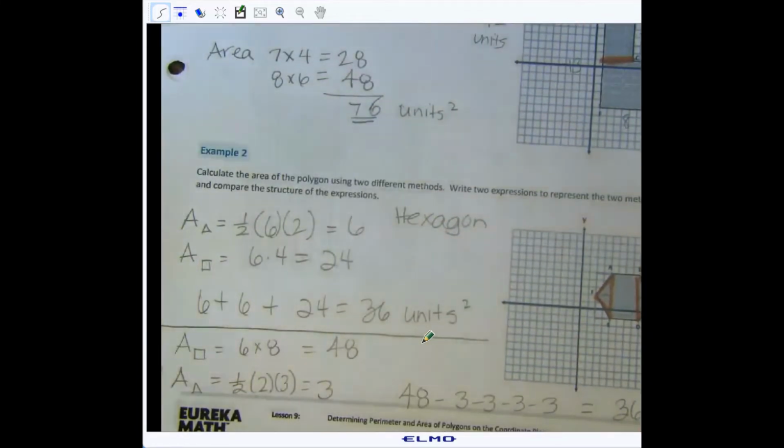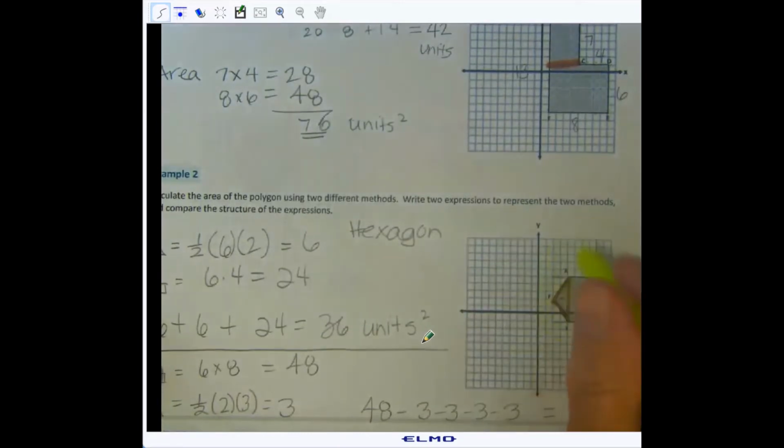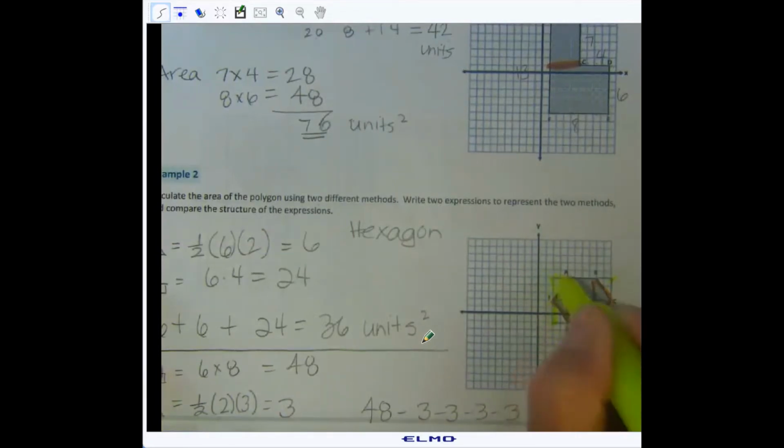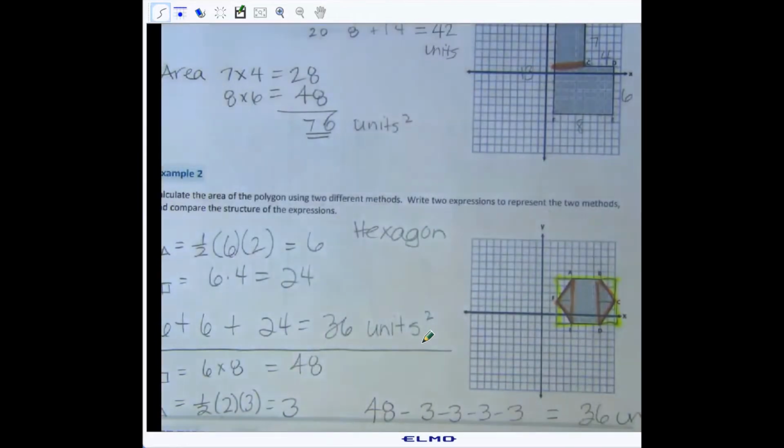Now the other way to do it is to look at the rectangle that surrounds the hexagon by connecting these 4 points right here. Okay, so that rectangle completely encloses that hexagon.